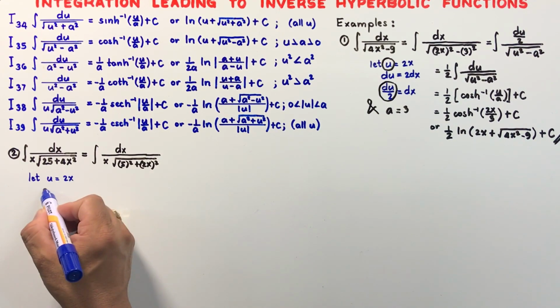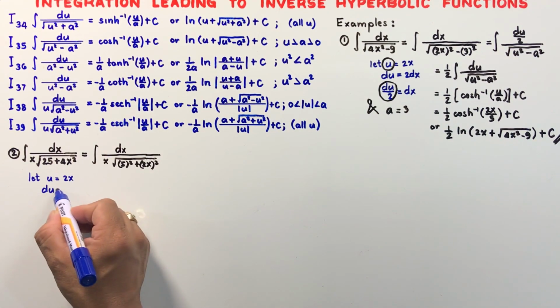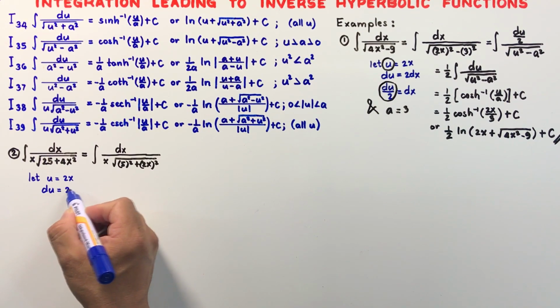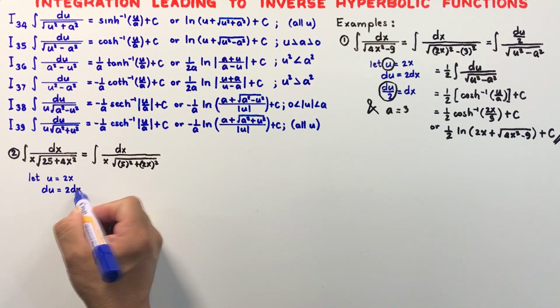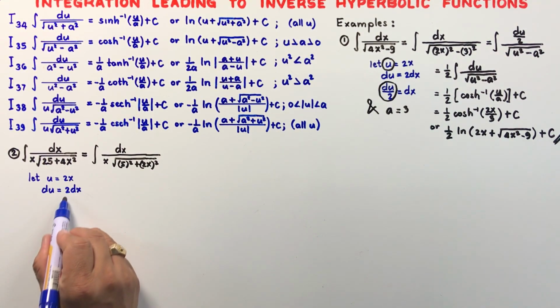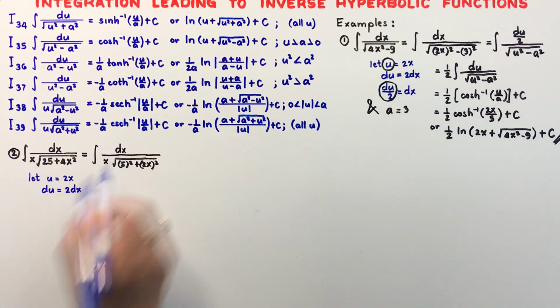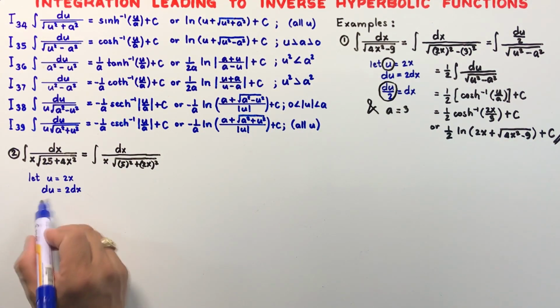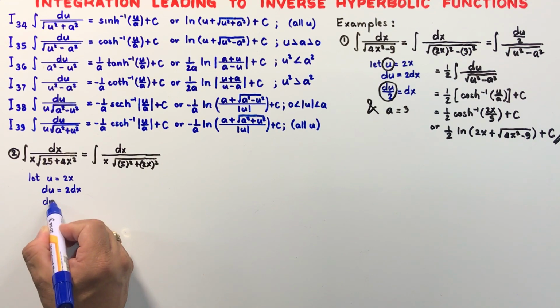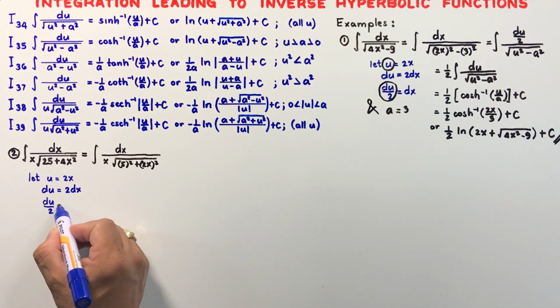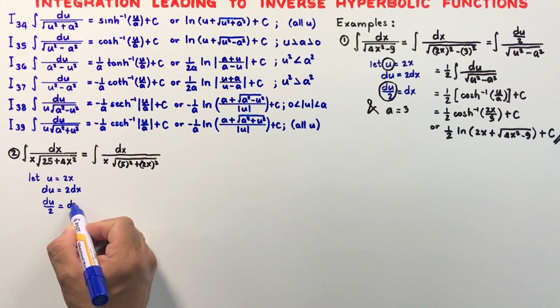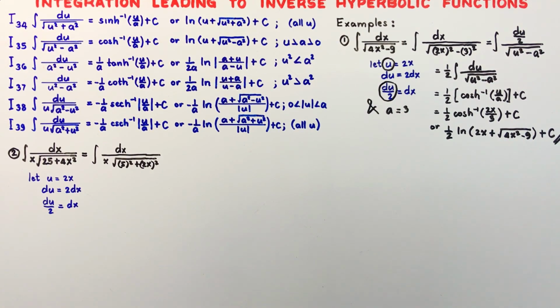So if we get the derivative of our 2x, we have 2. So this is 2 dx. But we don't have a 2 in our dx here. So we need to eliminate 2 by dividing both sides of the equation by 2. So this is du over 2 is the value of our dx.